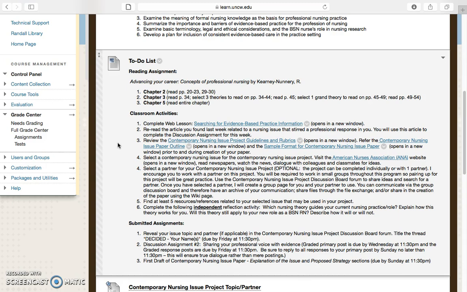So please make sure that you look at the guidelines for the paper, the outline, which tells you specifically paragraph by paragraph what to do, and then the sample paper, which also gives you paragraph by paragraph example of APA format and what you should be writing.